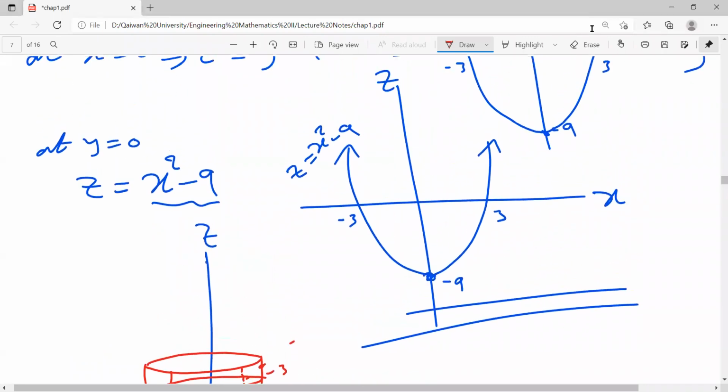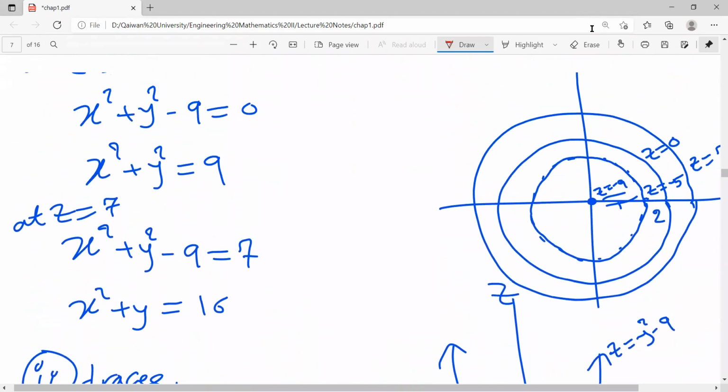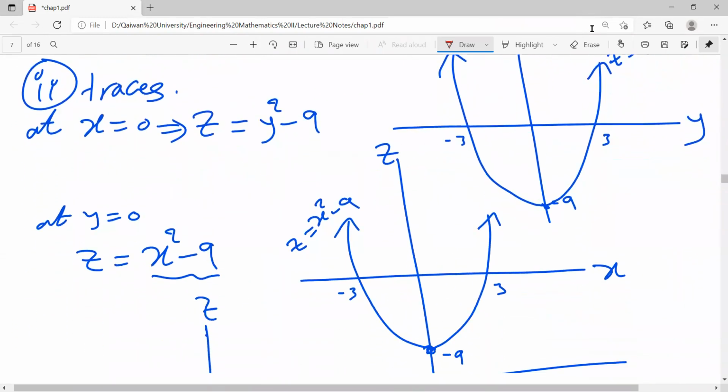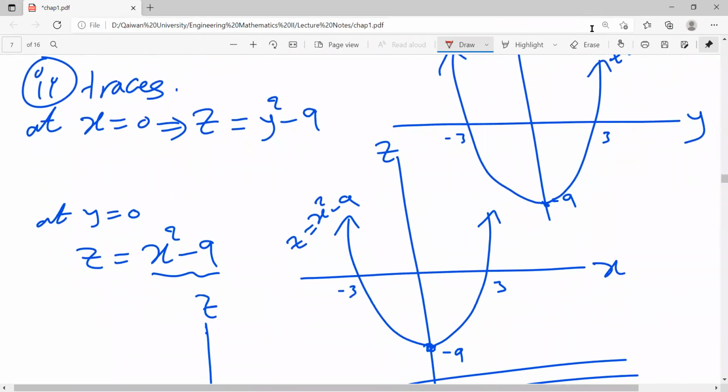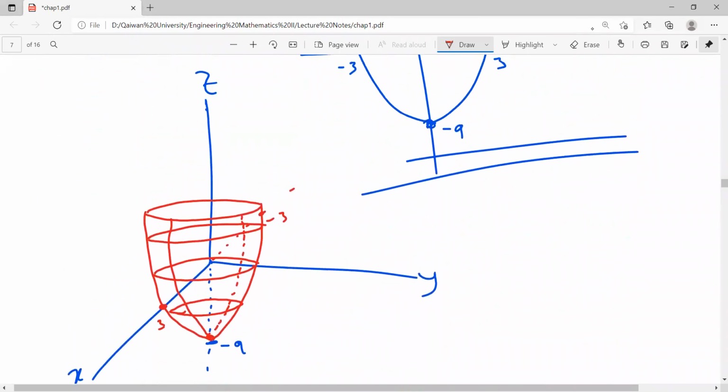Yes, you should do it one by one. I mean, you should first draw the level curves, then the traces. These two are traces. And then combine them all. Then you can draw one by one on the XYZ axes.